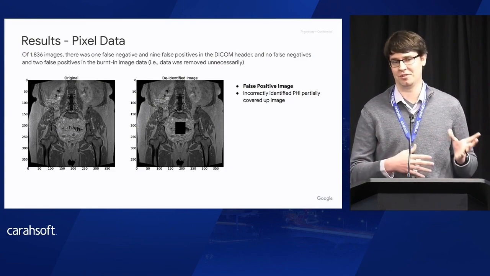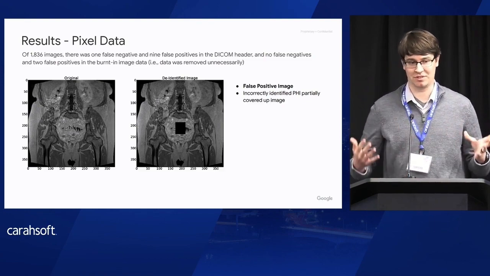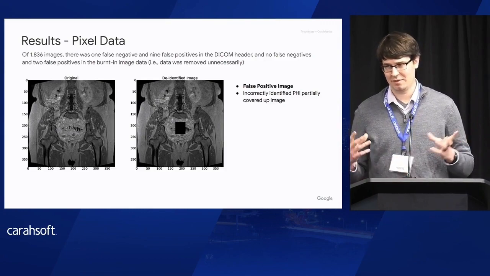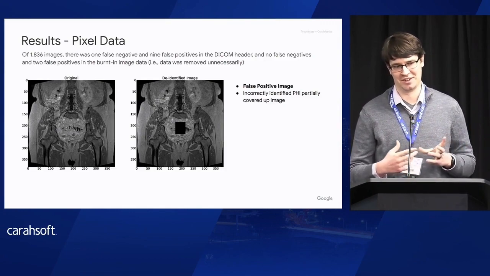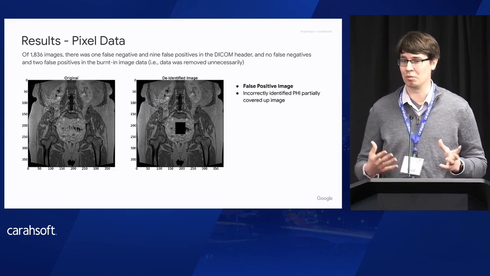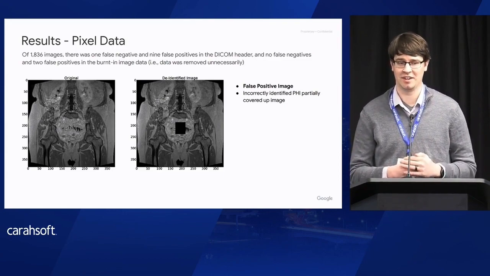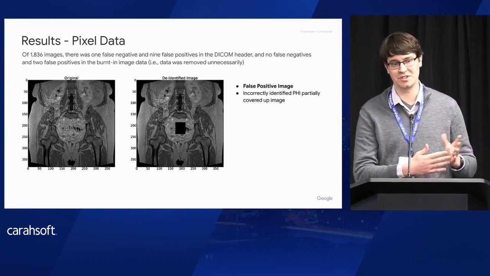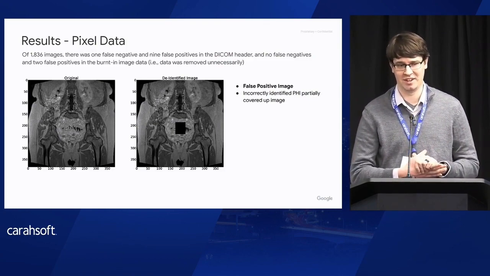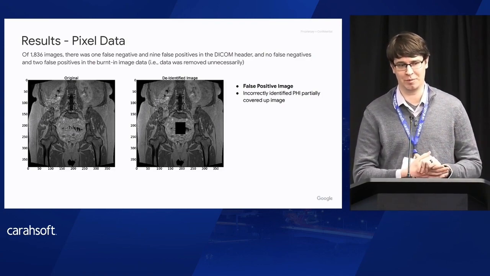But this is also something that we can easily identify and have what we would consider a human in the loop be part of this process. If the pixel data is covering up data in an area that most likely would not contain PHI, we can have a human go in there, check it, register it as incorrectly identified as PHI, and have the image restored to its original format.